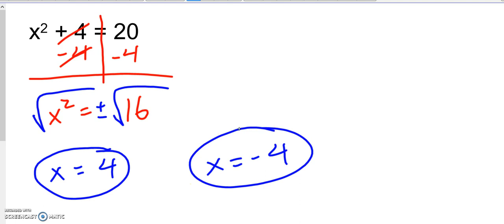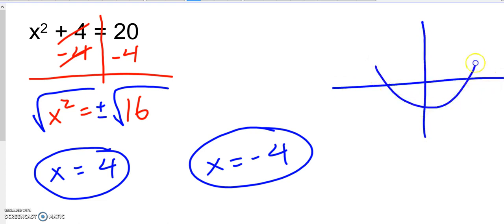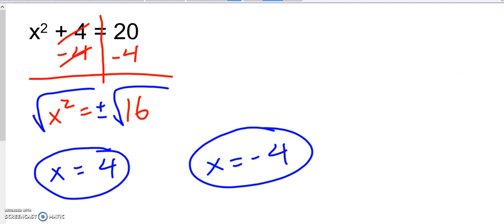So remember, what we're actually solving for here is the zeros of this parabola. Where does it cross the x-axis? This particular parabola crosses at negative 4 and positive 4 on the x-axis, something like this. That's just a reminder of what we're actually solving for, and this is just another method.